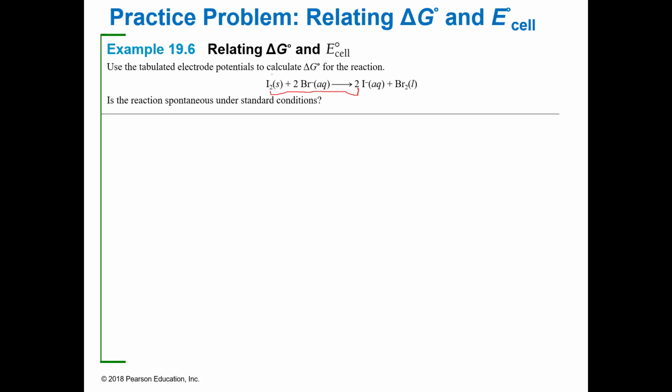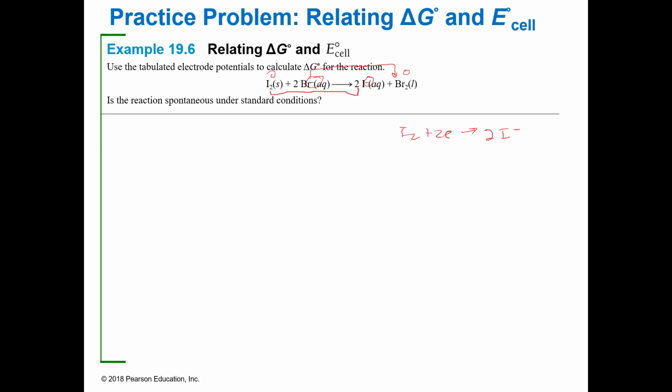It goes from a 0 oxidation state to a -1 oxidation state. So iodine gains 2 electrons and becomes 2 negative. If that's being reduced, then the bromide ion has to be oxidized, and it does. It goes from a -1 state to a 0 state.